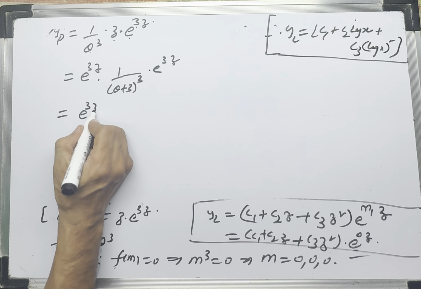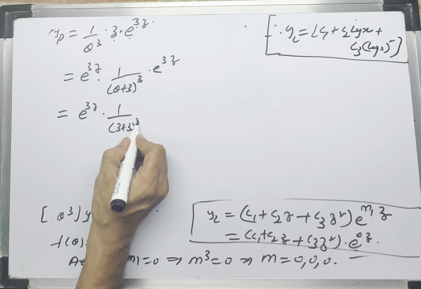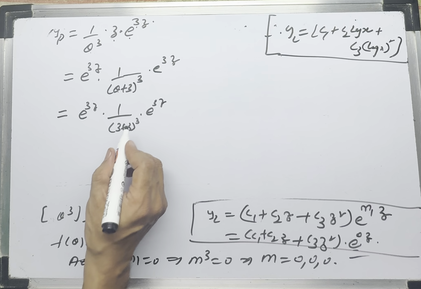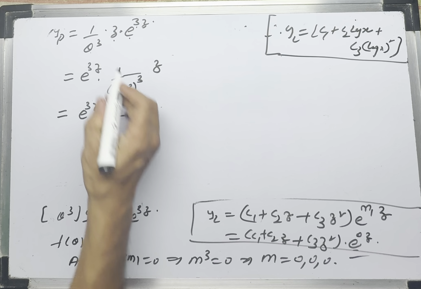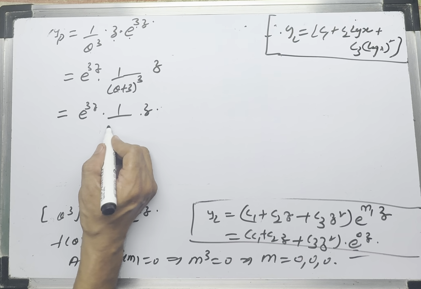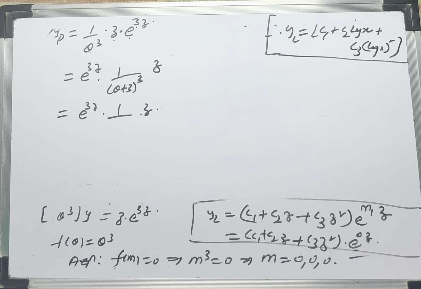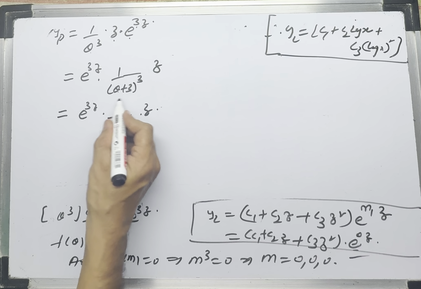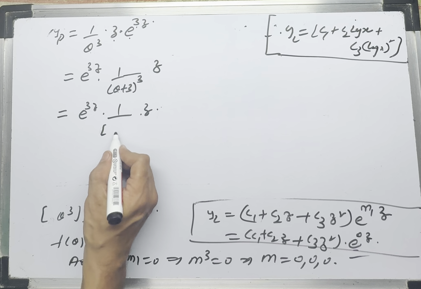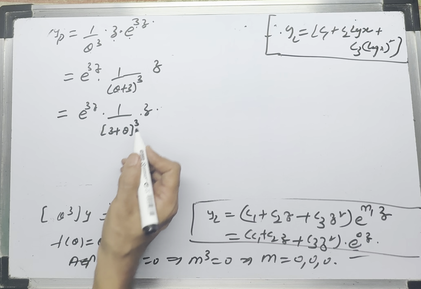Now e power 3z, 1 by 3 is substituted, 3 plus 3 whole cube into e power 3z. Z is there, okay. Theta plus 3 whole cube. What we'll do here, we'll write this one as 3 plus theta whole cube.